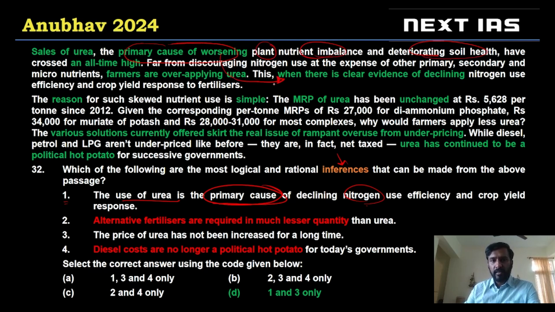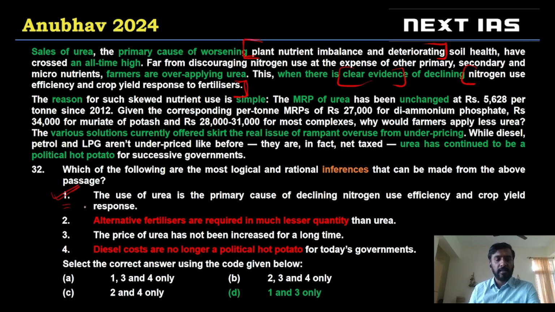And this when there is clear evidence that nitrogen use efficiency and crop yield response will also decline, right? So both of these facts are mentioned. This is one negative impact and clear evidence that nitrogen use and this also will decline. Statement one is a valid inference.